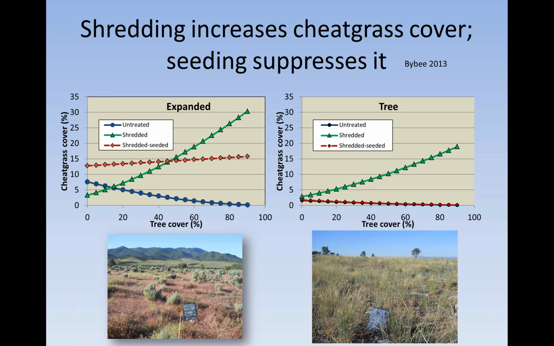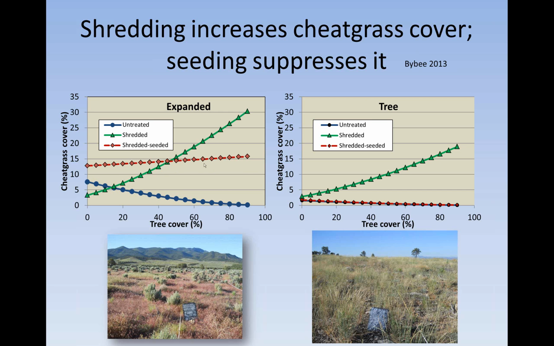So these might be more cheatgrass susceptible sites, but for both our expansion sites, which were about 29 of total, and 15 of the tree, when we shredded and seeded, we got less cheatgrass cover. So here's your shredded seeded, here's your shredded only, and you get increased cheatgrass by taking out the trees, but you do suppress it a bit by seeding.